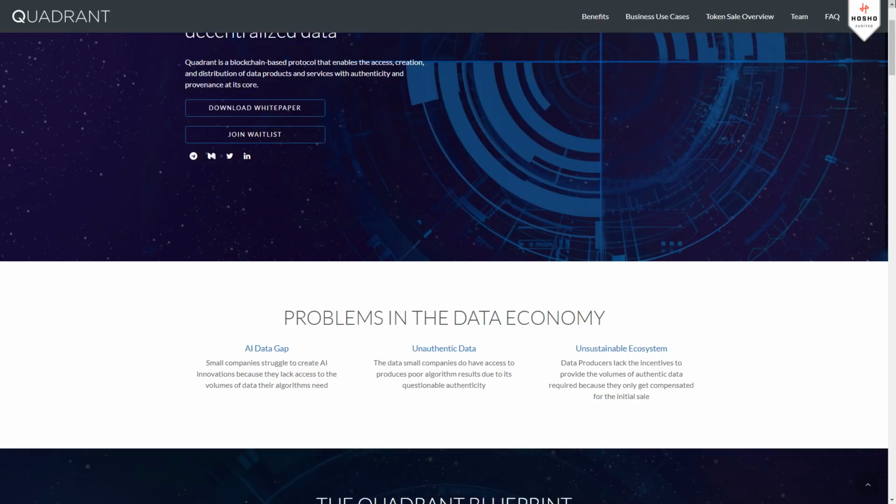Quadrant is designed to work with both centralized and decentralized services. The architecture consists of the core Quadrant blockchain clients, data producers, data consumers, and Anchor and Guardian nodes.